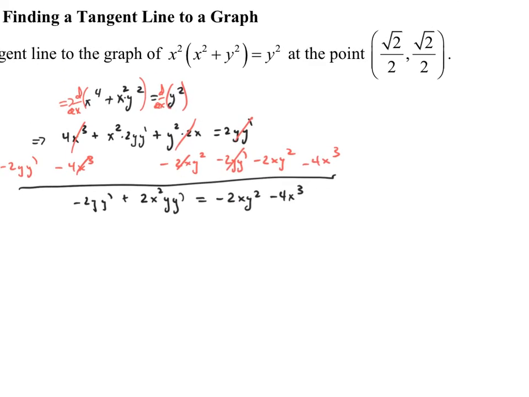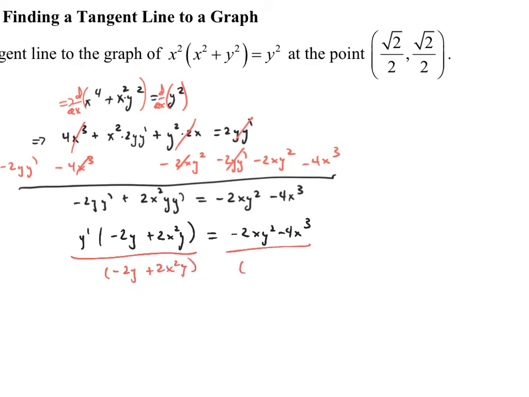Let's keep on going. We know that we isolated y prime because we want to factor out a y prime of everything on the left. So if I factor out a y prime on the left, I would have a minus 2y in the first term and a plus 2x squared y in the second term. Remember, on the right, we still have minus 2xy squared minus 4x cubed. We're going to divide both sides by everything that's next to y prime, which is negative 2y plus 2x squared y.